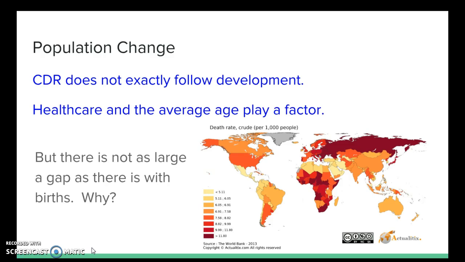Simply put, old people are better at dying. So countries that have an old population tend to be the countries that have the highest crude death rates. So if you look on the map there, you notice that in parts of Europe and Russia, there are very high crude death rates, as high as some places in sub-Saharan Africa.